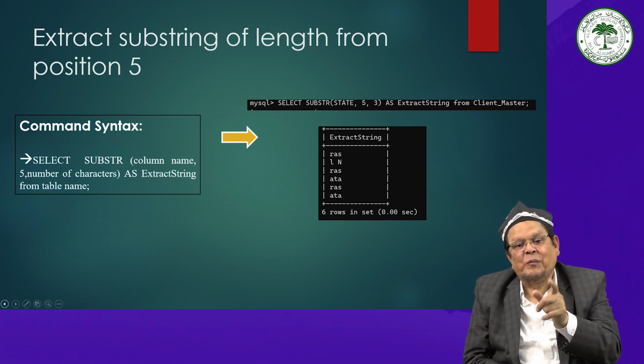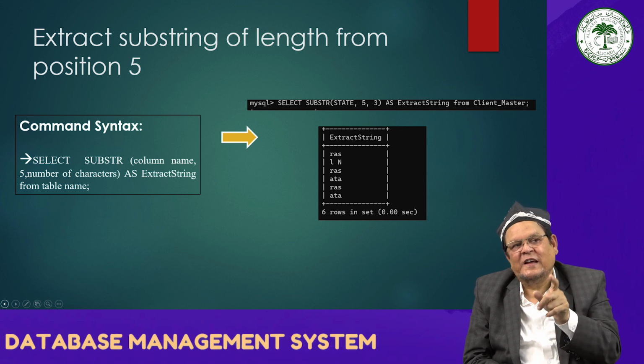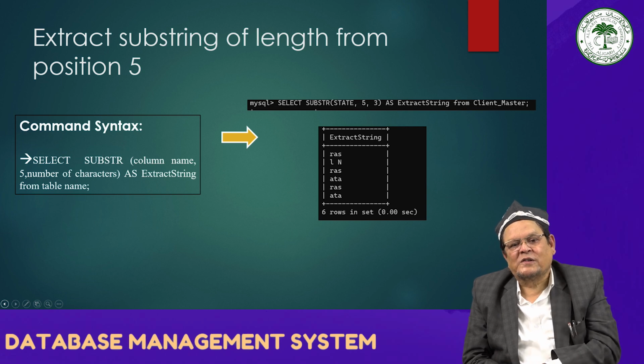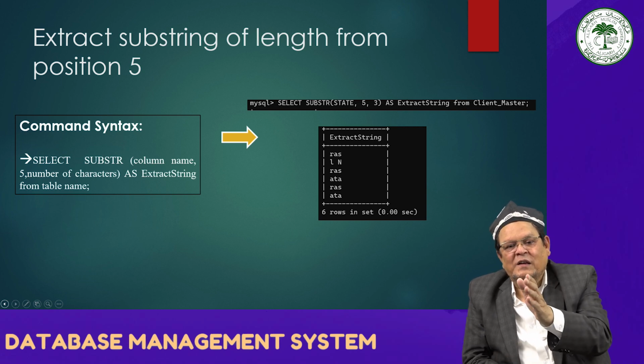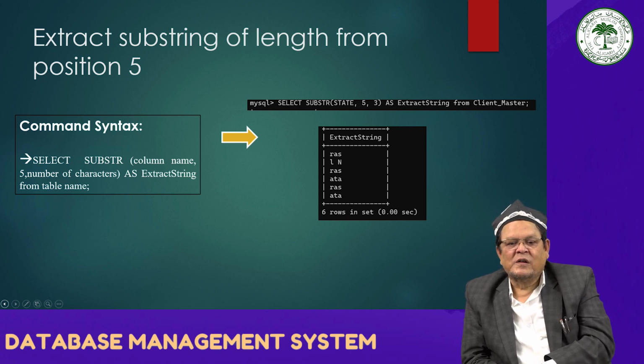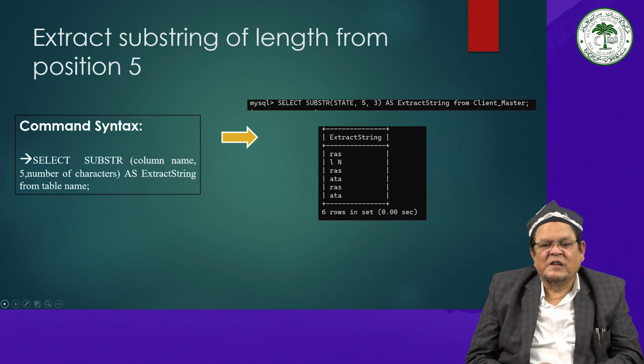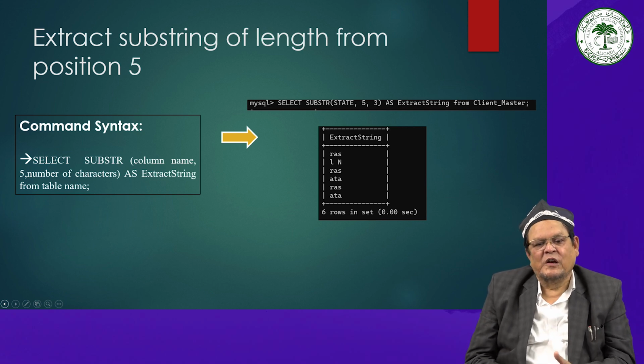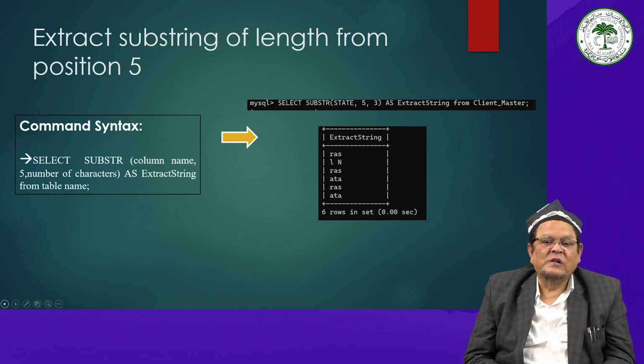Like the name was Tamil Nadu: TAMI for Tamil, it will start from MI, and then the 6th is a blank, so the result is a blank plus N. And Maharashtra, it will show the same. So this is also very useful for writing a program.